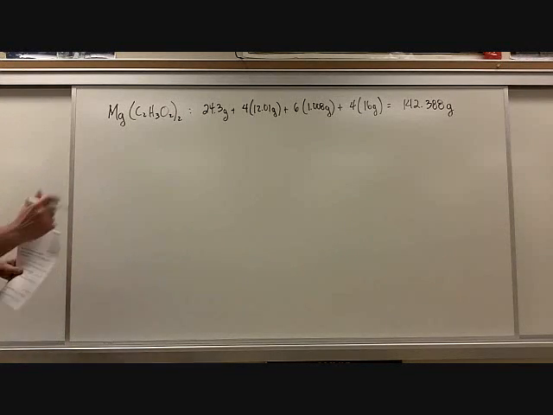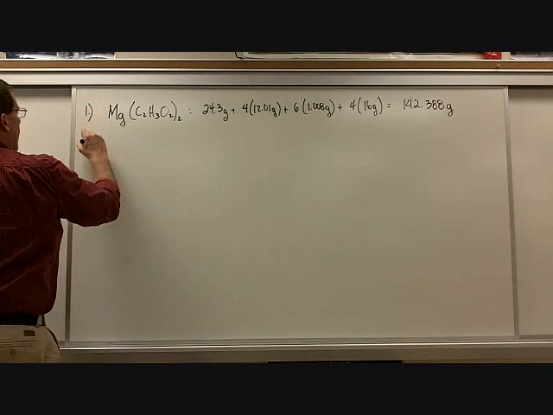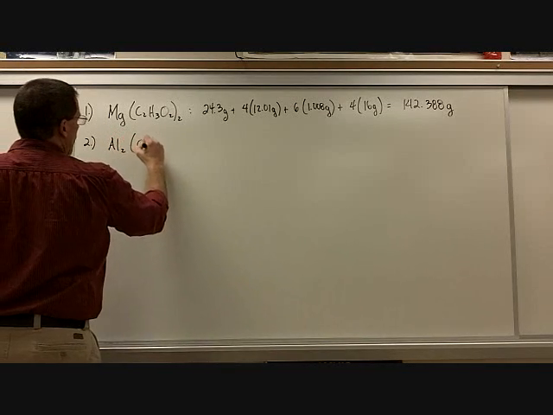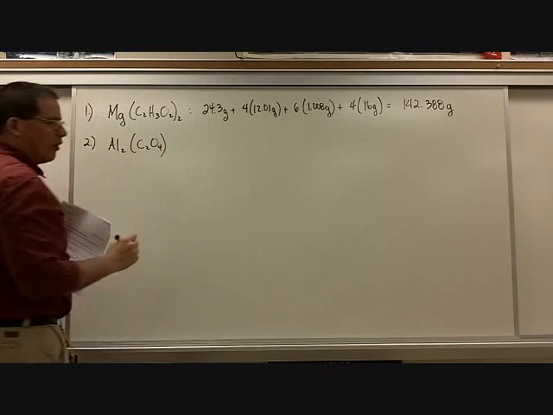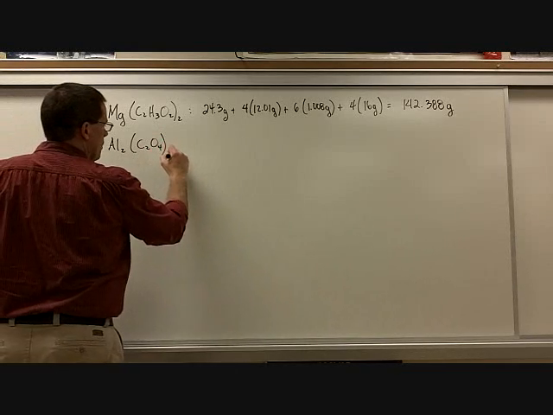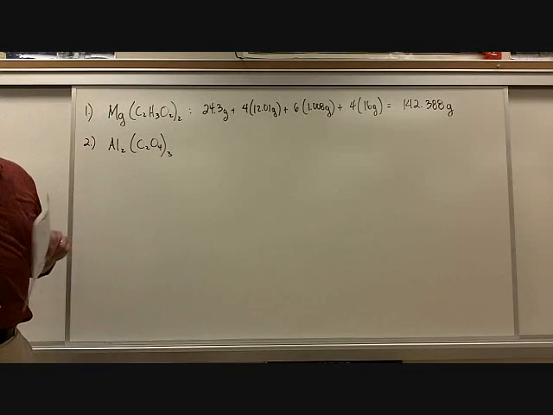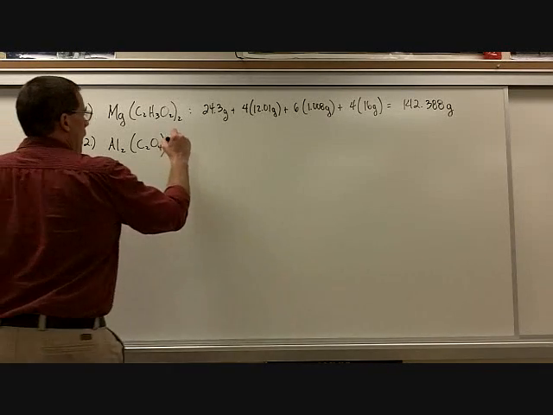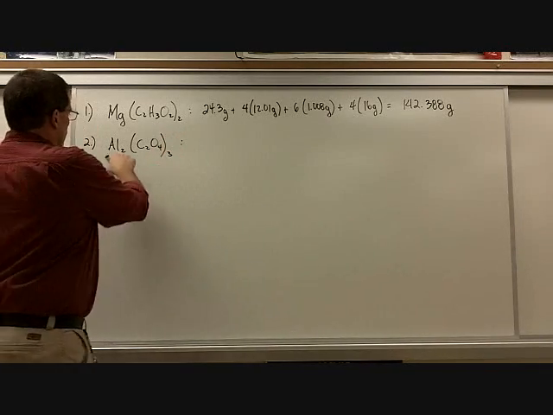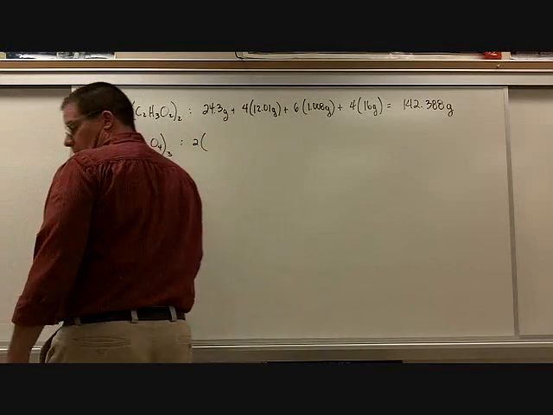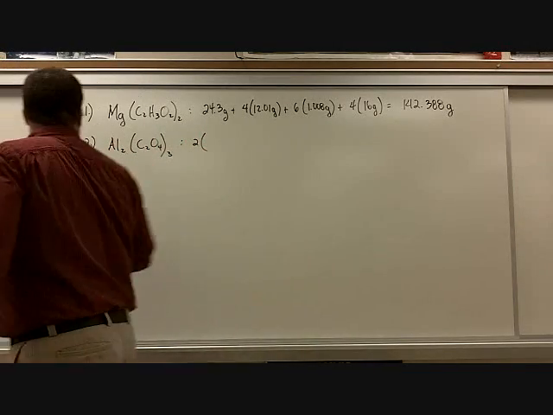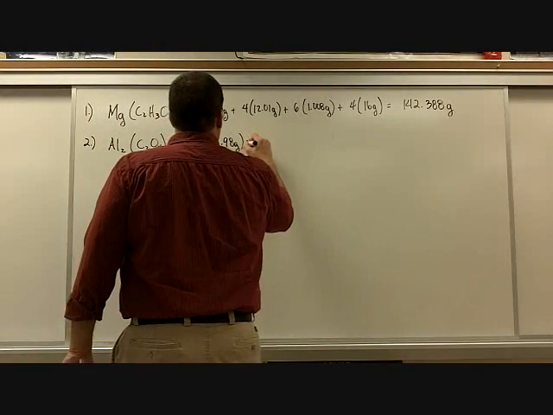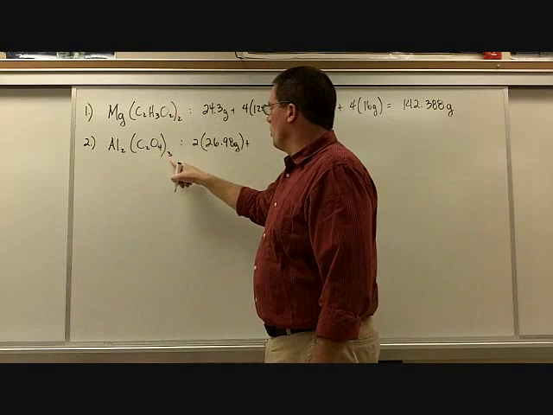So we have this one. This is not one of your polyatomics. It's oxalate and it has a -2 charge. Again, you're not going to need to know that, but if I were to give you the formula, I would hope that you would be able to figure out the molar masses. So again, we have 2 aluminums, and each aluminum weighs 26.98 grams. Plus we have how many carbons here?